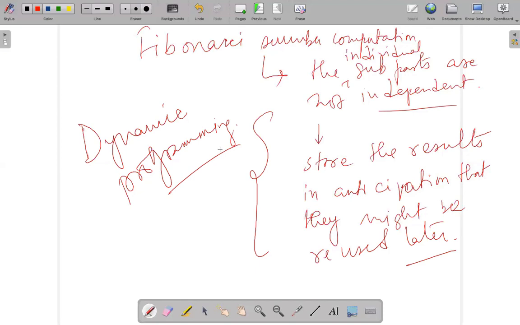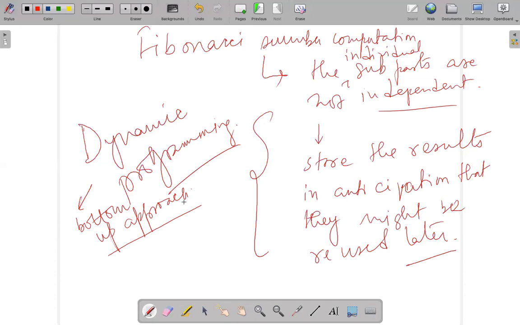So this type of algorithms, unlike divide and conquer, are examples of a bottom-up approach.